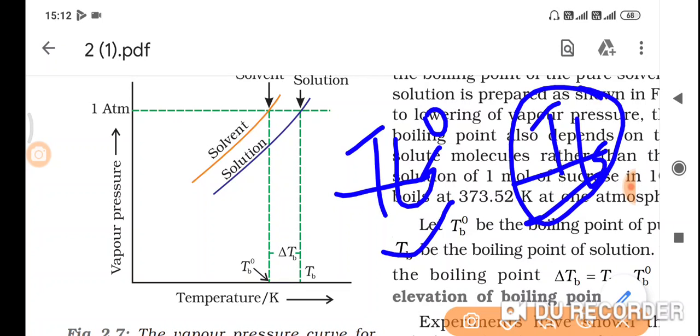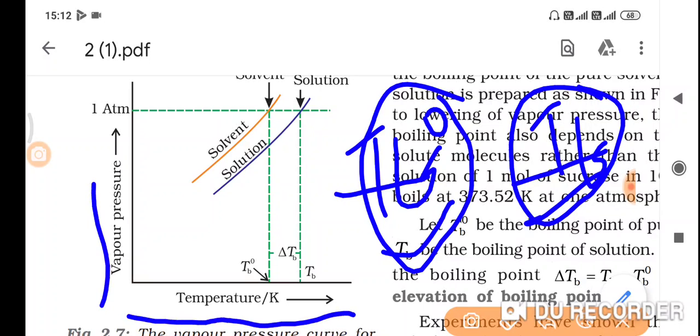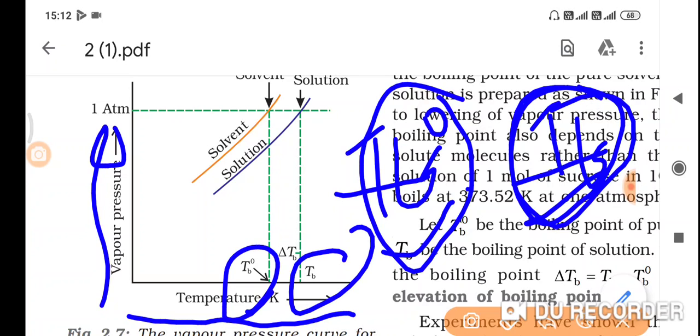Tb is greater and Tb naught is lower. If you take temperature on the x-axis and vapor pressure on the y-axis, Tb naught will appear first on the temperature scale, and Tb will appear after it because it is higher in temperature.